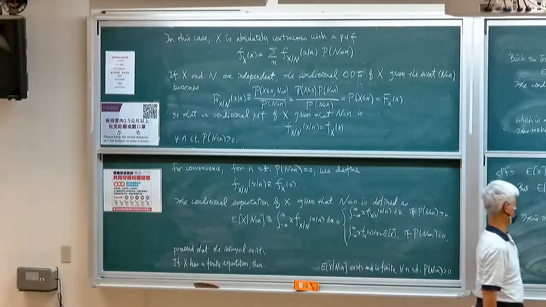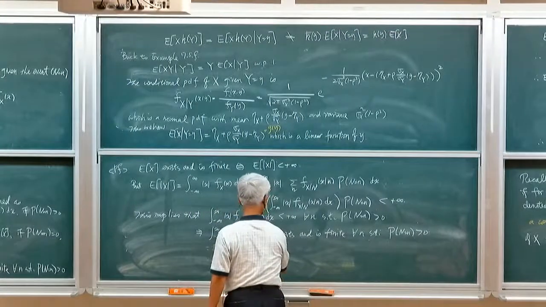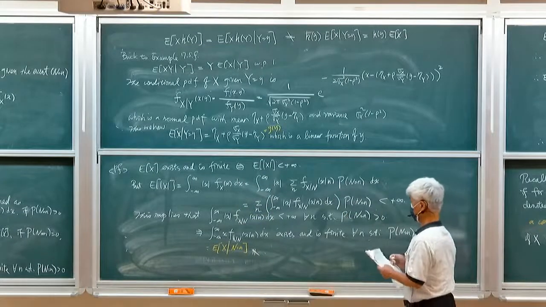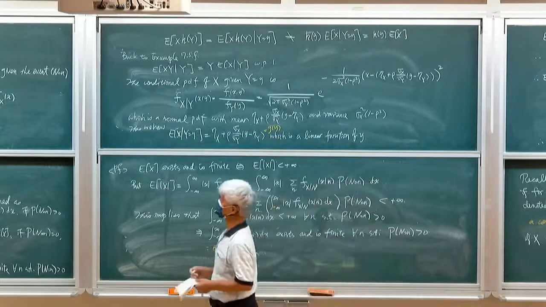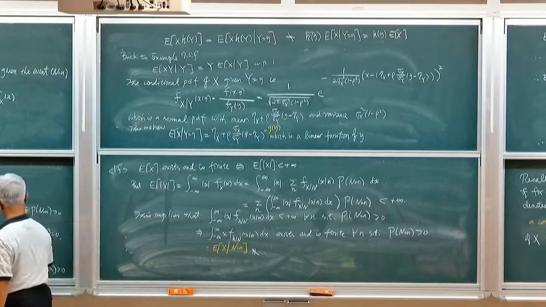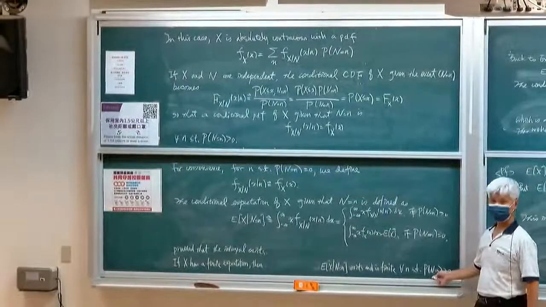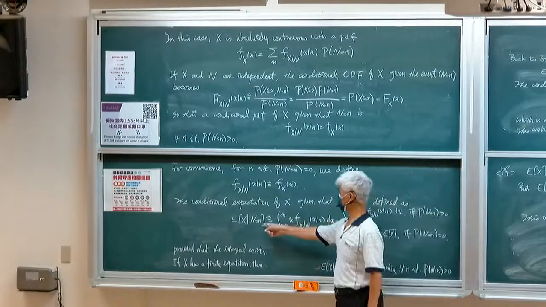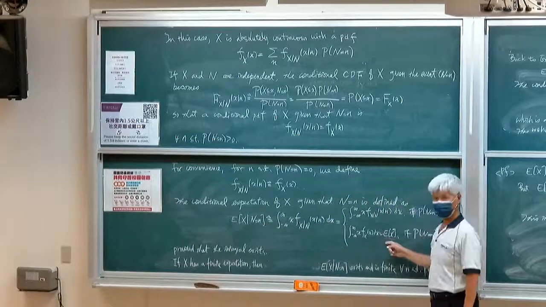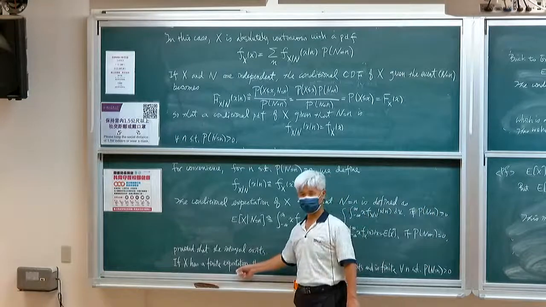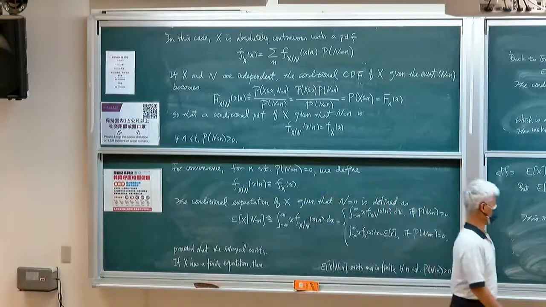And if this probability is 0, then by definition, the conditional expectation is equal to the unconditional one. But the unconditional one has been assumed to be finite, right? So we have no problem with that.